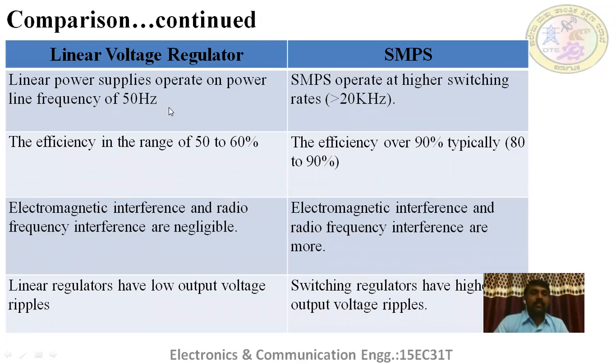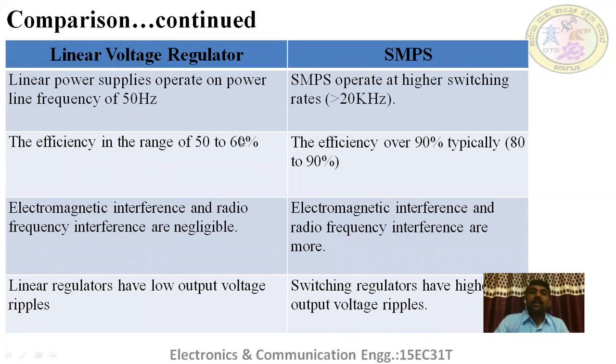And linear voltage regulators operate with a 50 Hz frequency. But SMPS operates at a higher switching rate of about 20 kilohertz. That is, the speed of the switch in SMPS is greater than 20 kilohertz, that is 20,000, even more than 20,000 per second.